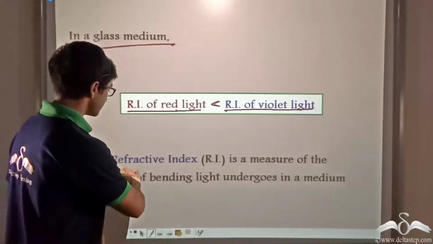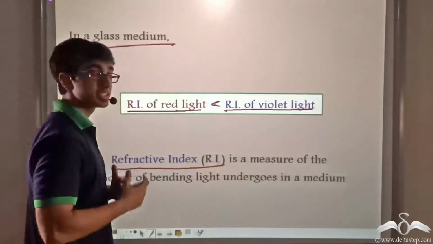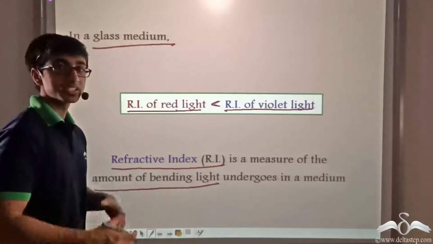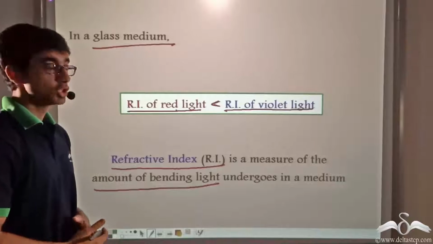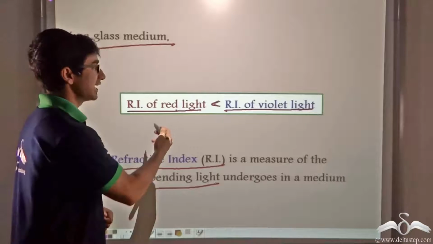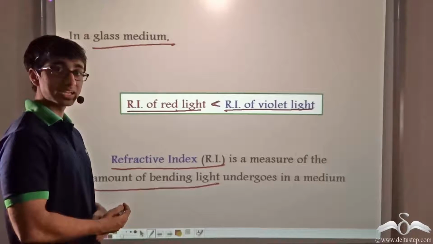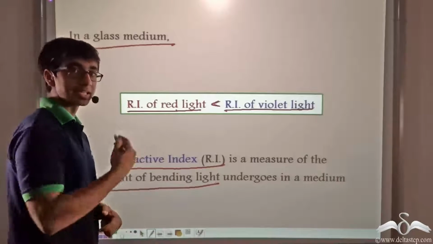Why? Because refractive index is a quantity which gives us a measure of the amount of bending of light which it underwent in a medium. So red light will be bending less than violet light because the refractive index of red light is less than that of violet light.